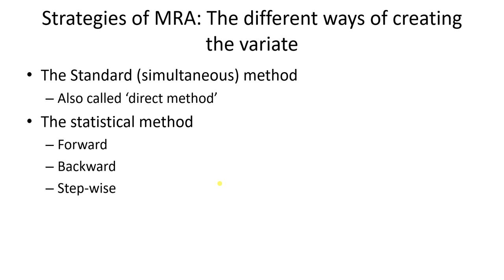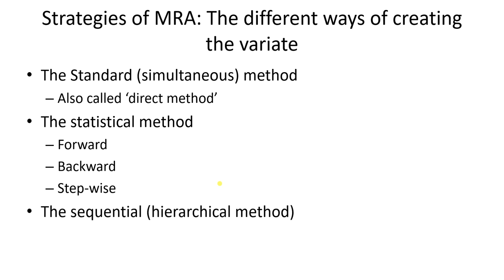The other strategy of combining the IVs or the predictors to get the composite score is the statistical method, and there are three methods in this: forward selection, backward elimination, and stepwise. I will discuss all these three methods in detail. And then the final strategy is the sequential or hierarchical method.